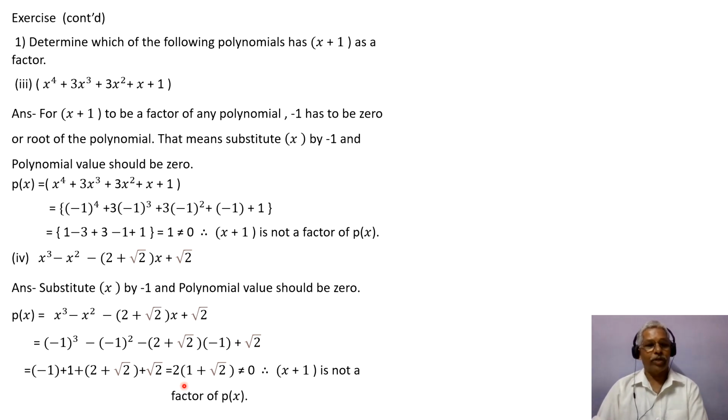If you try to solve this, we arrive at this answer, 2 into 1 plus root 2 into bracket, which is not equal to 0. So x plus 1 is not a factor of px, where px stands for this.